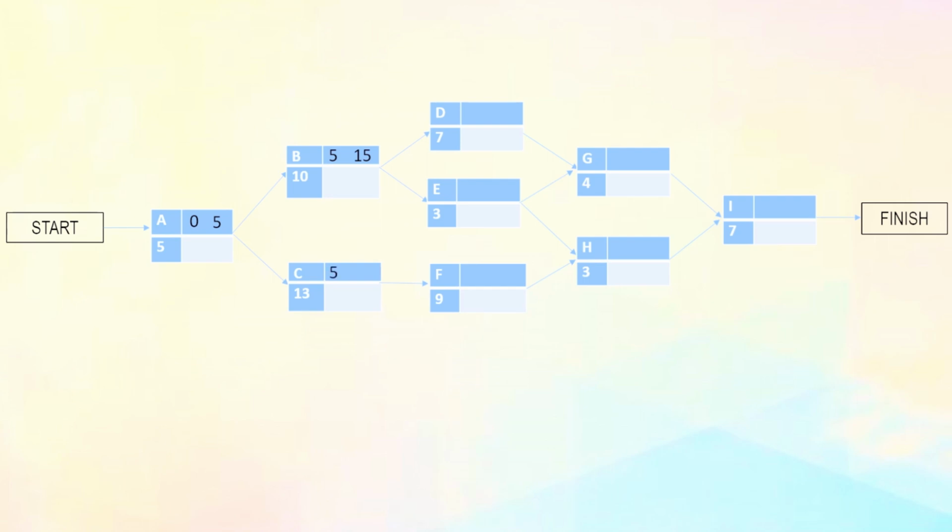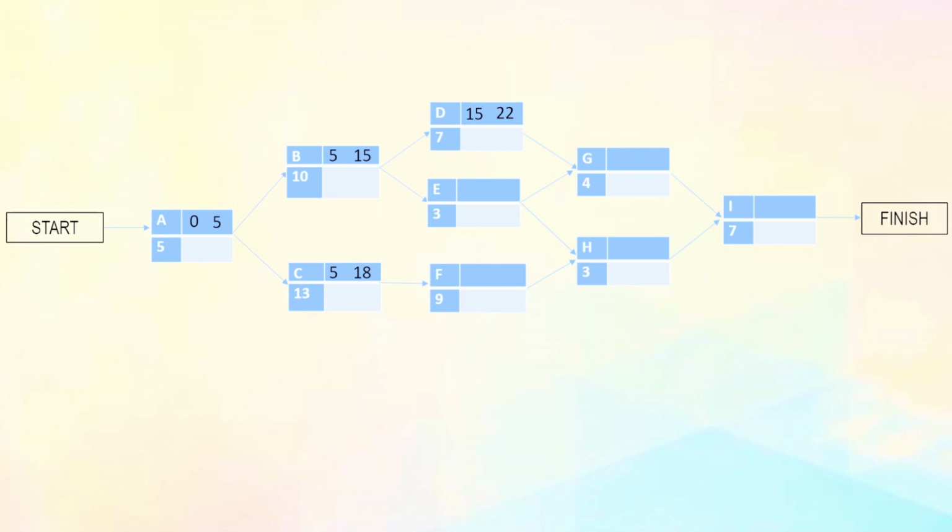B has an earliest start time of 5, and with an activity time of 10, it will have an earliest finish time of 15. Now C needs A to be completed before it can start. Since the earliest finish time for A is 5, then the earliest C can start is 5, and with an activity time of 13 days, C will have an earliest finish time of 13 plus 5, which gives 18.